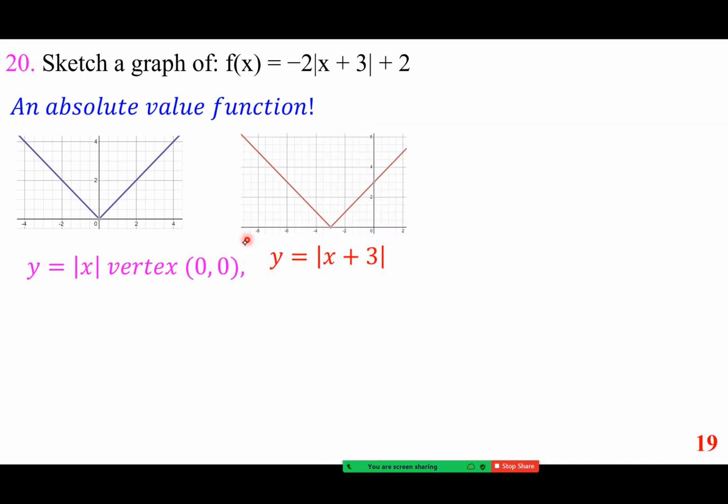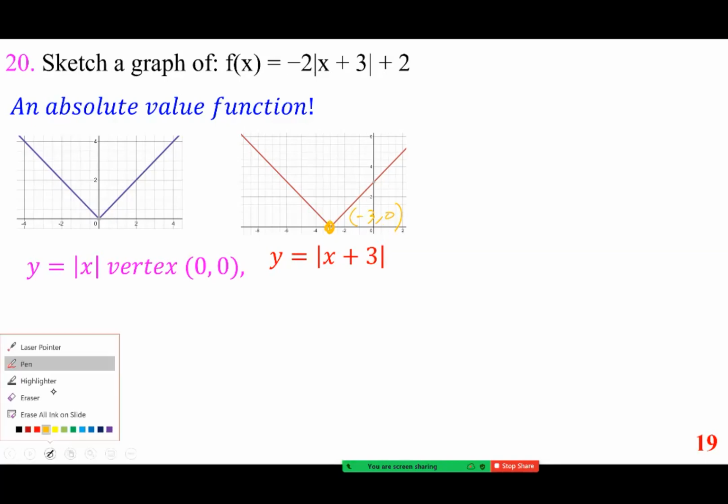It looks like that. So here's the vertex, and here's the new vertex. The vertex is here at 0, 0, and over here is located at -3, 0.